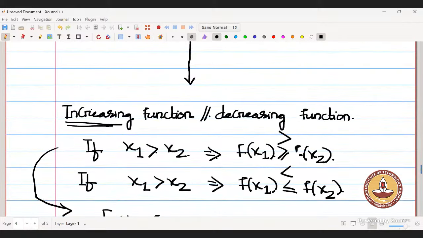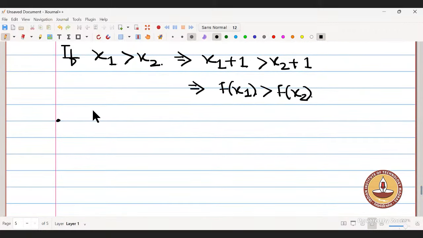So instead of increasing and decreasing, let's consider strictly increasing. The exponential function when a is greater than 1. Correct. So if you consider this exponential function, let's say 2 power x.